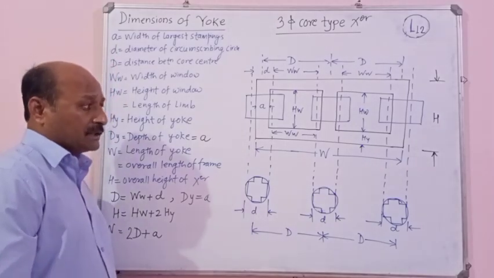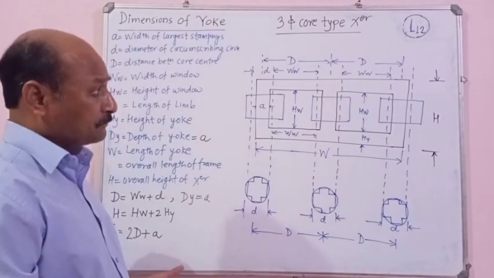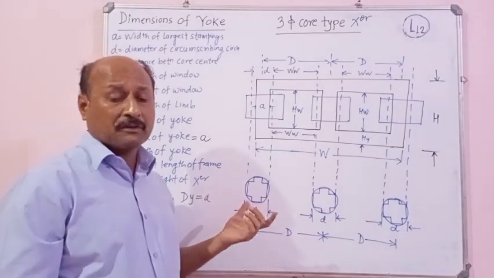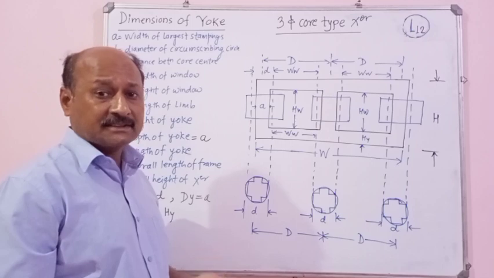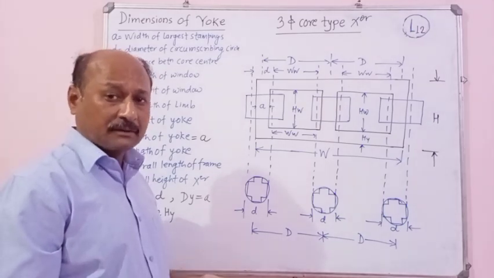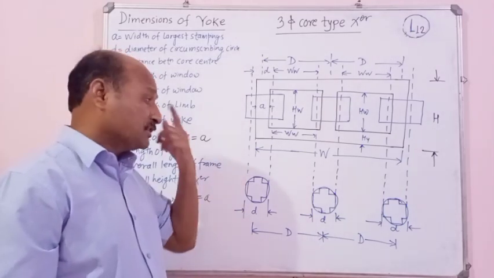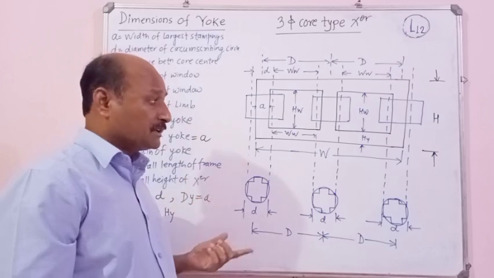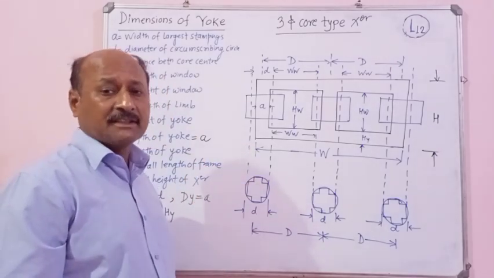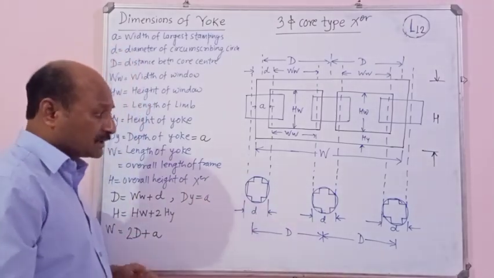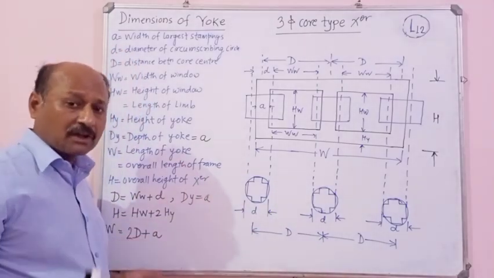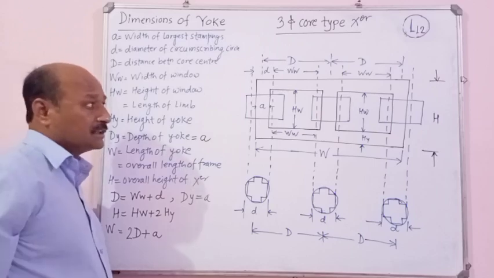Then we have to choose the relation of height of the window upon width of the window. Standard relations are there, and again it depends upon the type of the transformer. Some values are given in the numerical and some you have to assume, and by using those overall values you have to design the transformer.